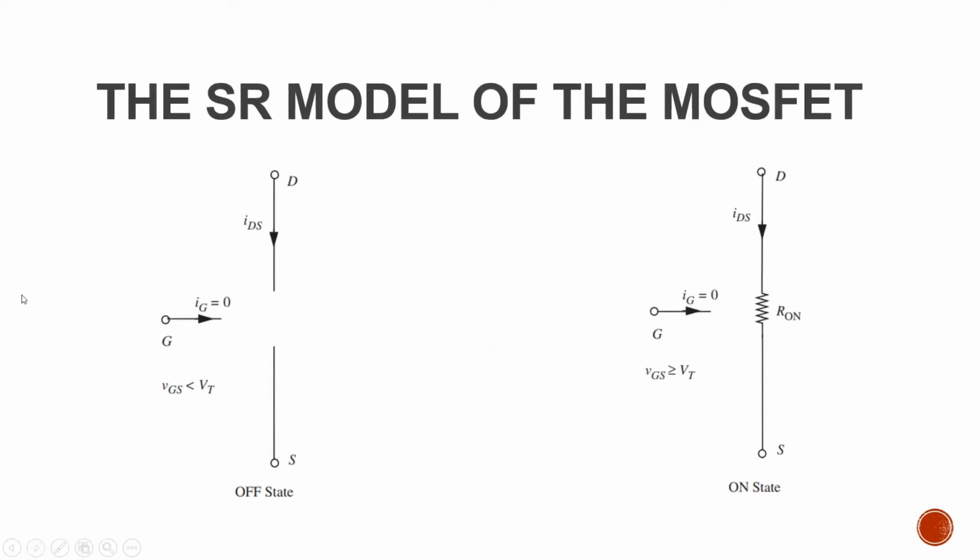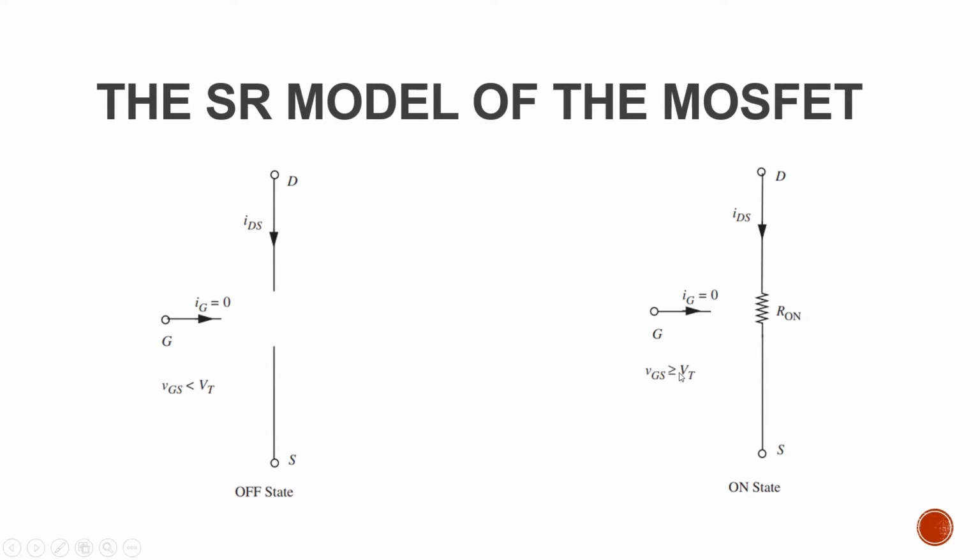Now, team, let's start today's class session. The SR model. Team, we know whenever the MOSFET is in off state, it acts like an open circuit, and that is possible when VGS is less than VT. Whenever the input voltage VGS is less than the threshold voltage, it acts like an open circuit because the device is off.